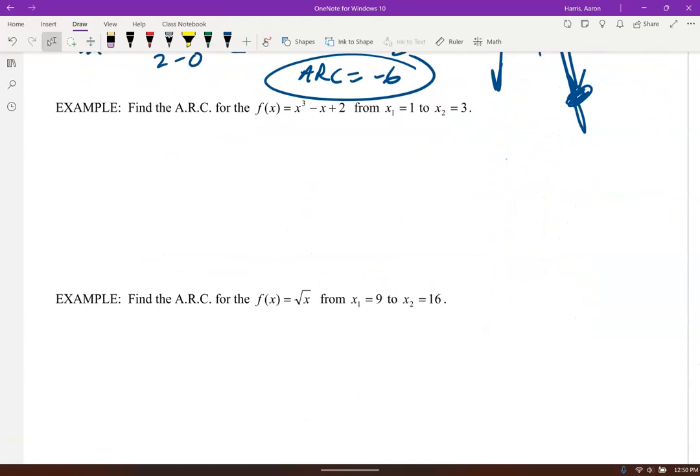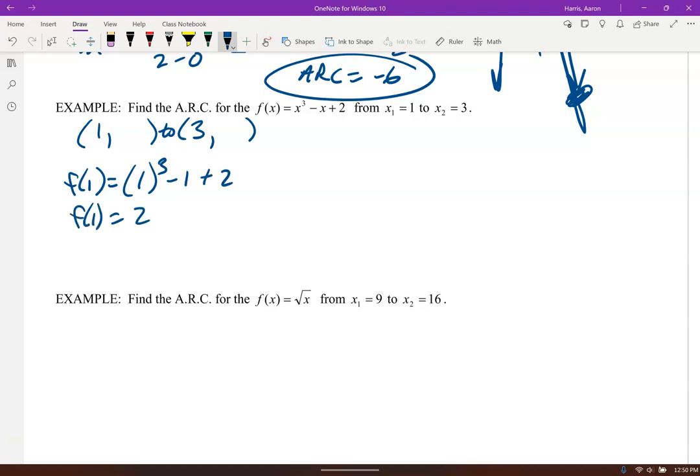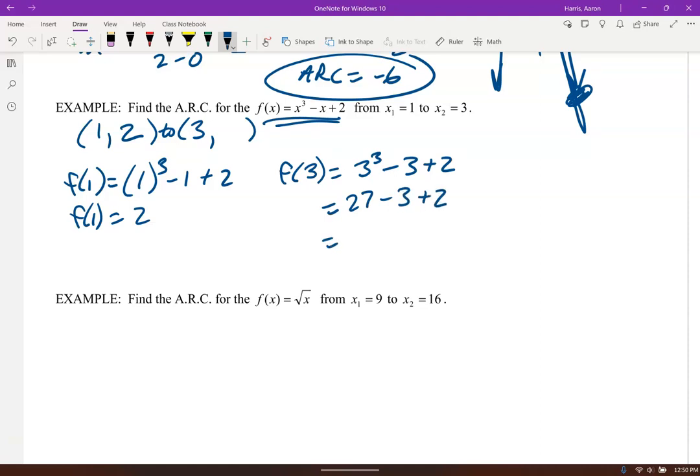All right, let's do it for this one. Average rate of change from 1 to 3. Let's find f of 1 by plugging it in. So we have 1 minus 1 plus 2 is 2. F of 1 is 2. Put that in for the y value. Now let's find f of 3. So 3 cubed minus 3 plus 2. I'm plugging it into the original f of x. So 27 minus 3 plus 2, 24 plus 2, or 26.